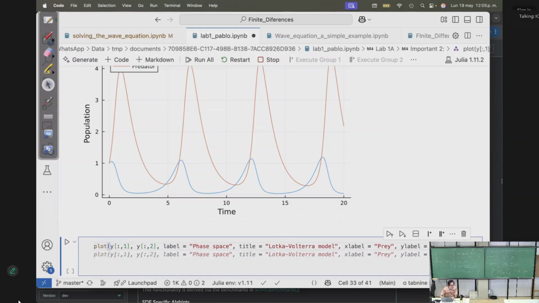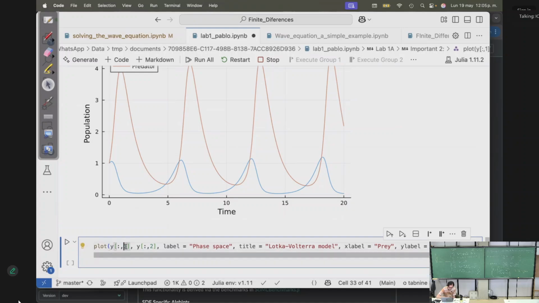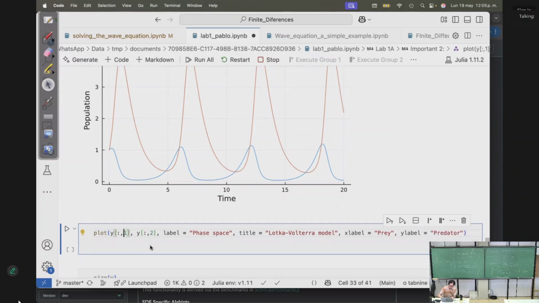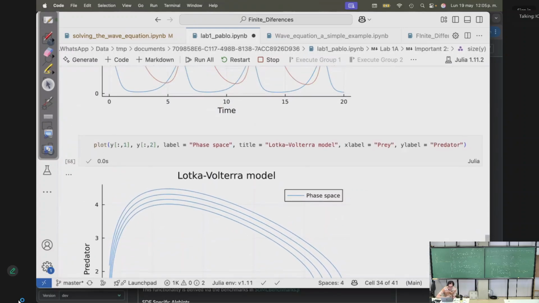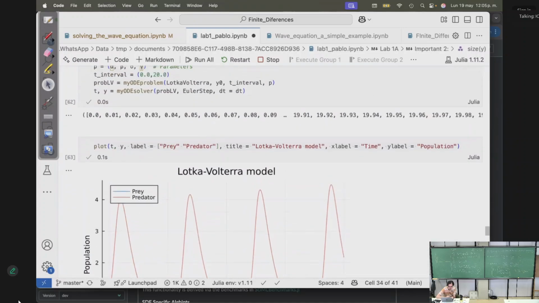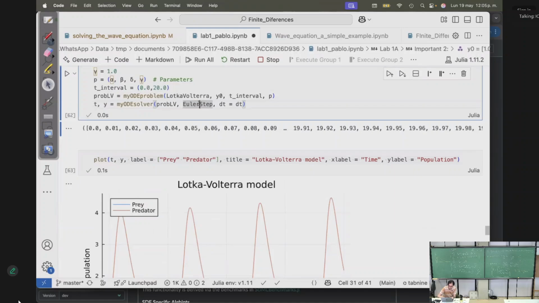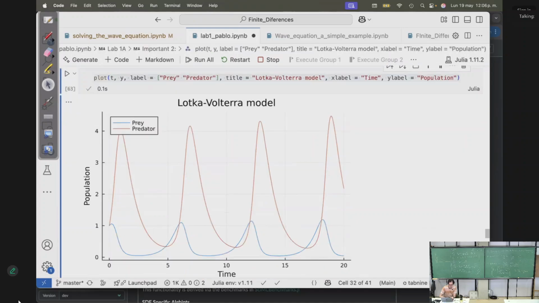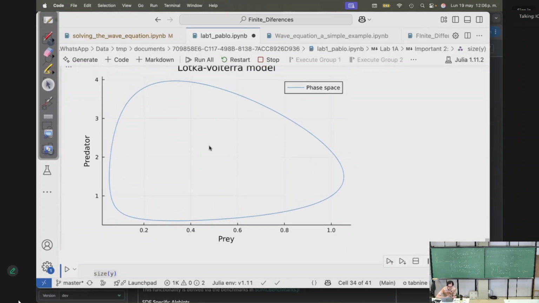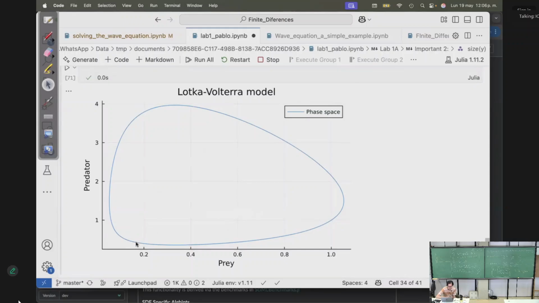Copilot really knows what you are trying to do. It assumed I was trying to plot the phase. So what we are doing here is taking the vector y and plotting the first component against the second component. And again, here we were using the Euler method, so let's go back to the Runge-Kutta-4 step.